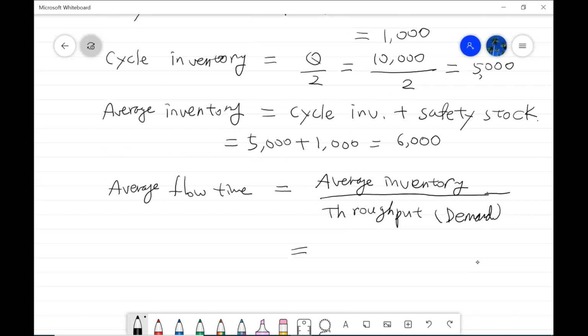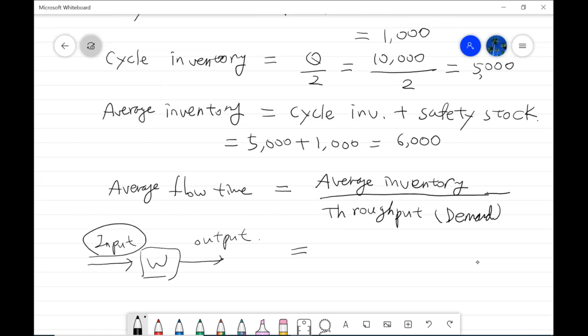So the concept is we are trying to calculate the average time period that each inventory stayed at a warehouse. So let's say this is a warehouse, then you'll have to consider the input and output. So what is the input here?